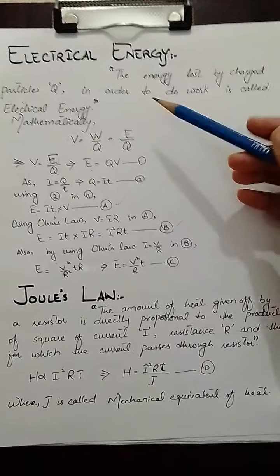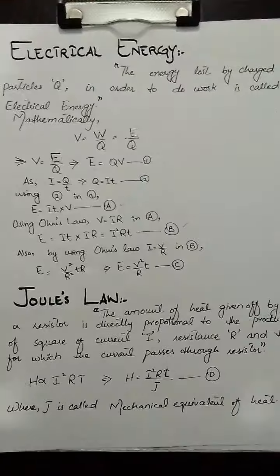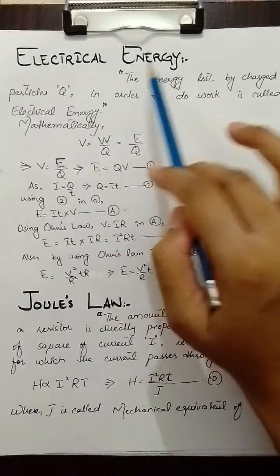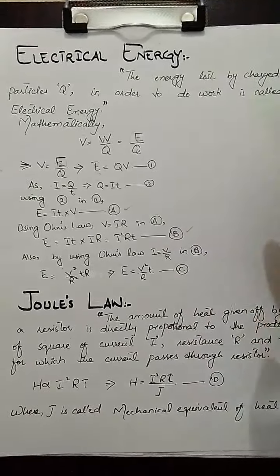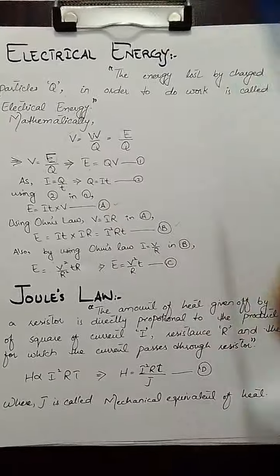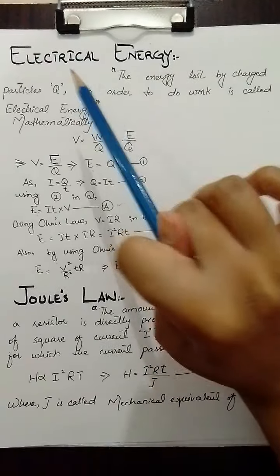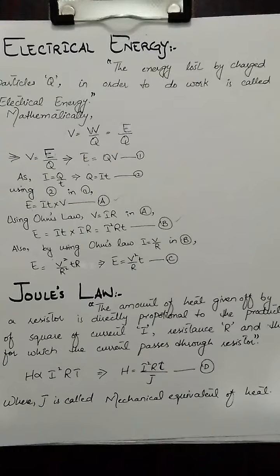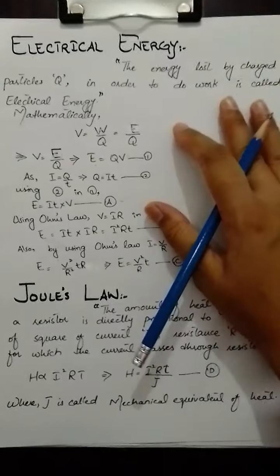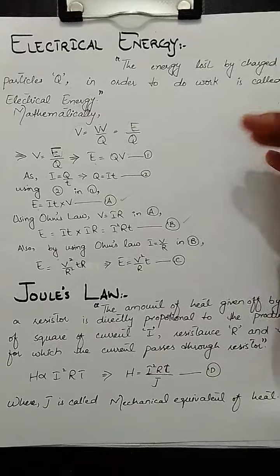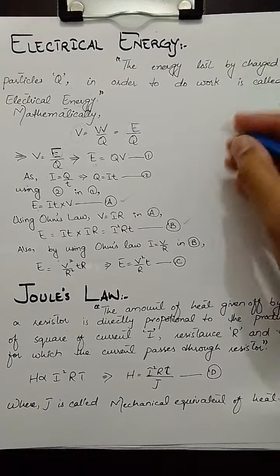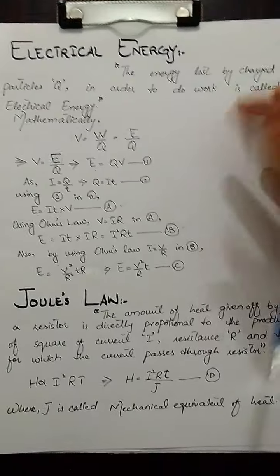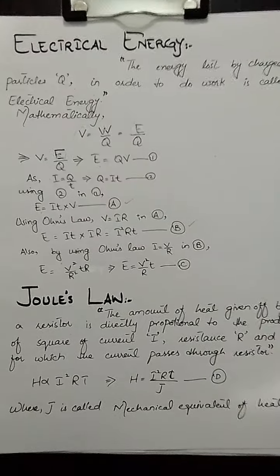आप बिल्कुल भी electrical energy से confuse नहीं होना है. So the electrical energy and the electrical potential energy, okay, are different terms. Electrical energy is simply the energy lost by the particle in order to do work, right? But electric potential energy is something different. Electric potential energy is basically the energy of a particle due to its position with respect to the other particles, right?